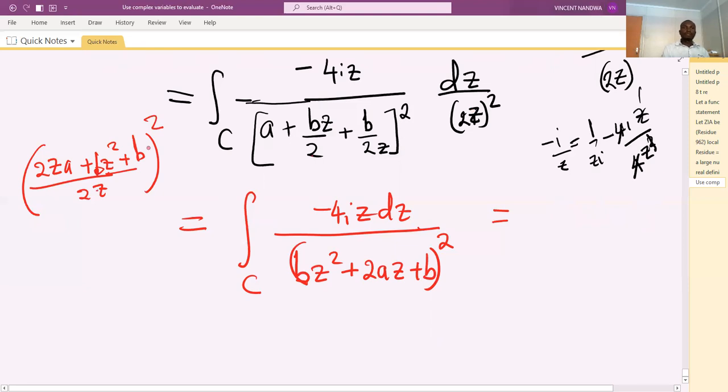Because we'll be now squaring, they'll have now 2za plus bz squared plus b.